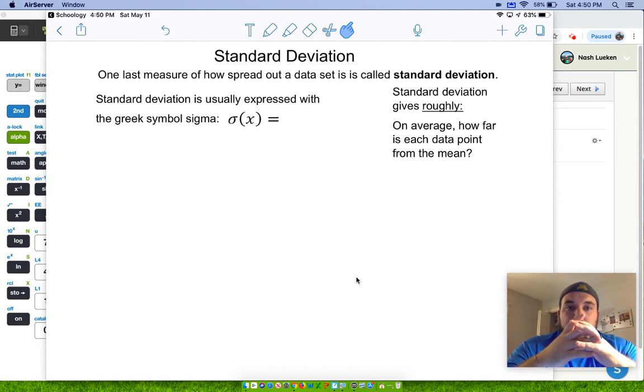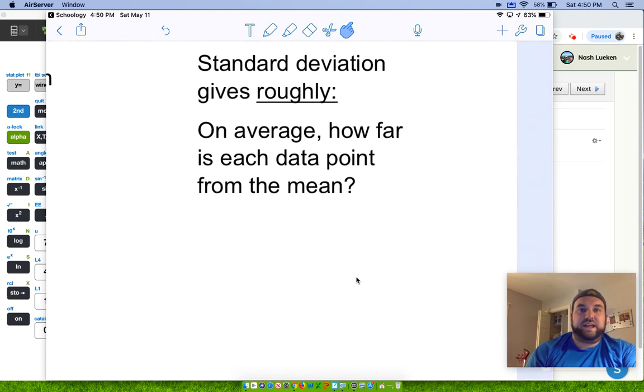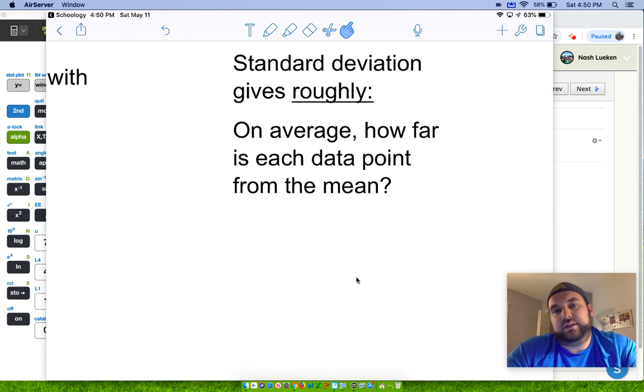If you ask a stats teacher, this is not a true definition, but this is roughly what the standard deviation tells you. It's a single number, and it tells you on average how far each data point is from the mean. Okay, so I don't want to get too deep into it.